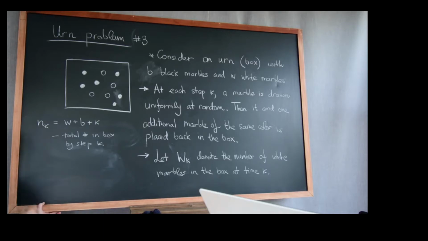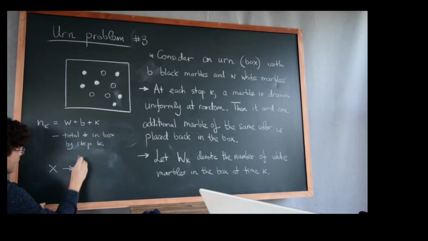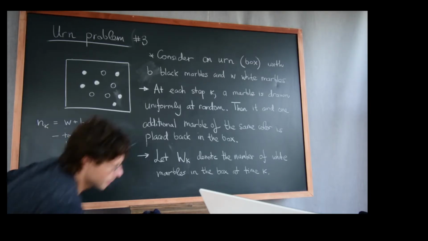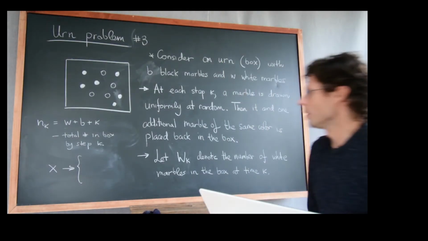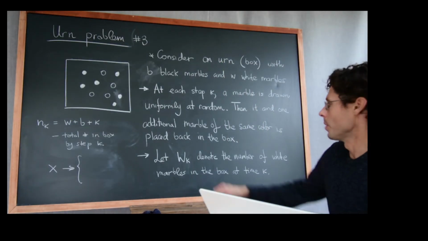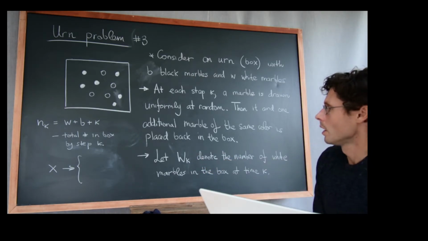And so we can try to see if we can skip to getting the transitions. So let's think about this. x always represents the current state of my process, and my process is this w_k.